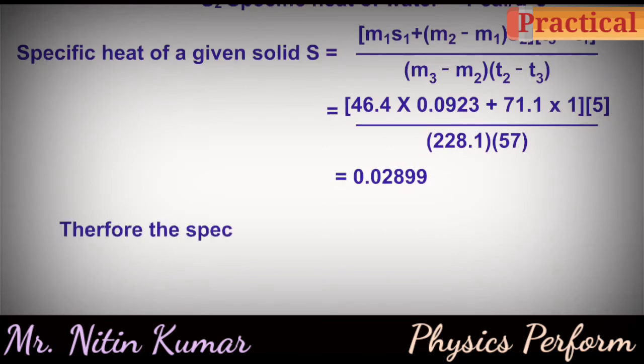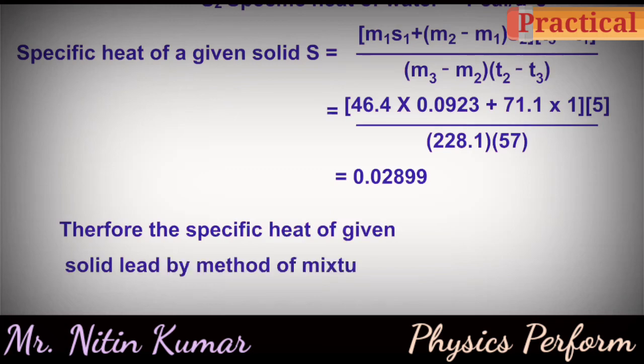Therefore, the specific heat of the solid by method of mixture is equal to 0.02899 calorie per gram degree Celsius.